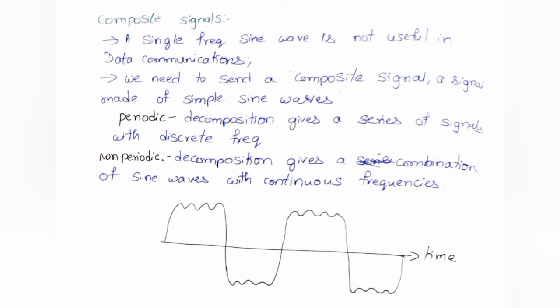Okay, so here a single frequency sine wave is not useful in data communications. So we go to composite signals, a signal which is made of simple sine waves. In the simple signal, there will be only a single sine wave. But in the case of composite signals, we have multiple sine waves here.